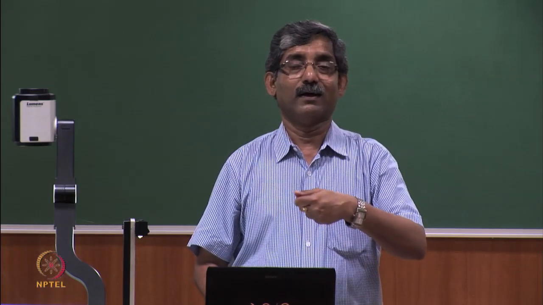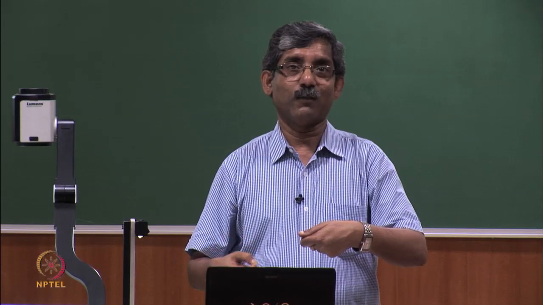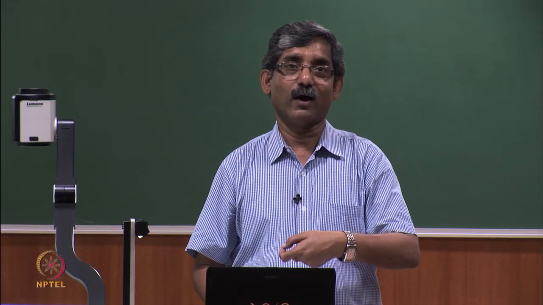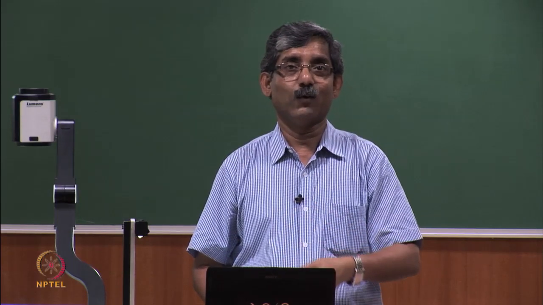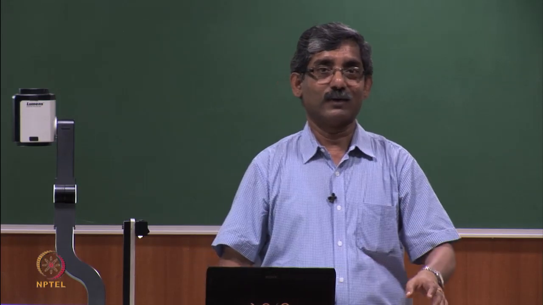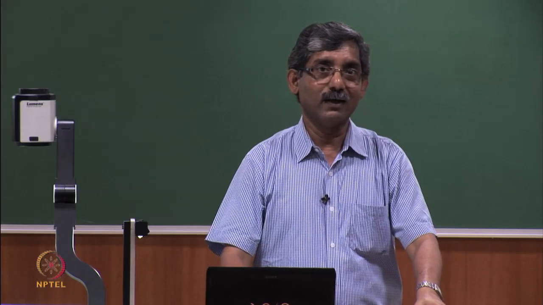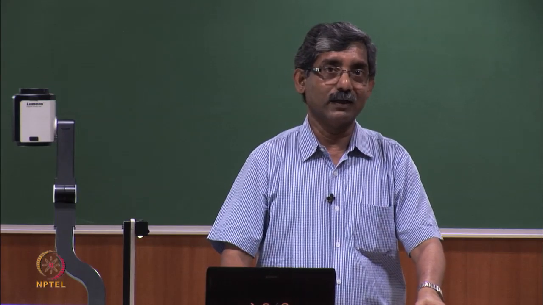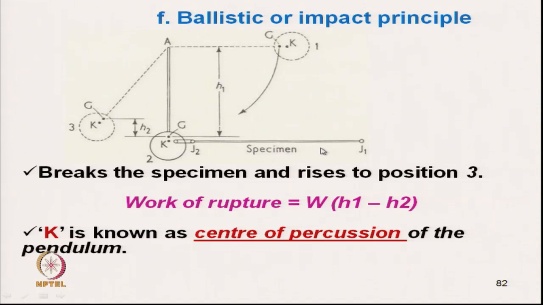Like in a cricket bat, the point of percussion is the point where the batsman will feel the least jerk. Okay. So, that is the point here. That point is actually connected, because otherwise the pendulum will have uneven movement. To eliminate that uneven movement, we have to fix the pendulum at that point.